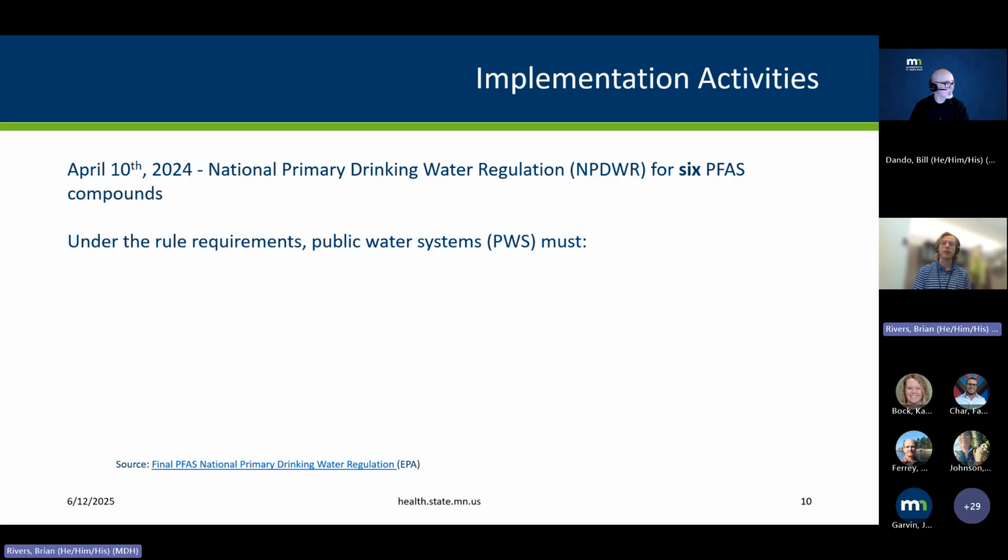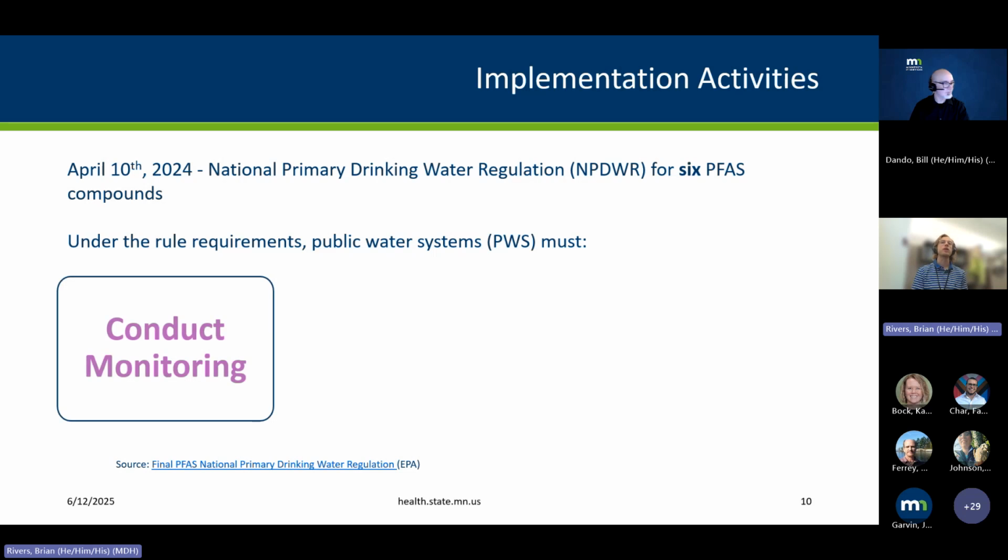So under this new rule, there are a couple of different activities that all public water supply systems must perform. The first is to conduct monitoring, and that is the period in which we are right now. So we are conducting initial monitoring, and all that means is that EPA requires systems to establish a baseline for the levels of PFAS in their system.